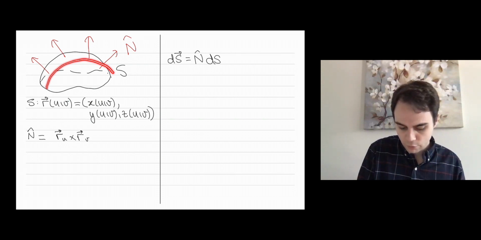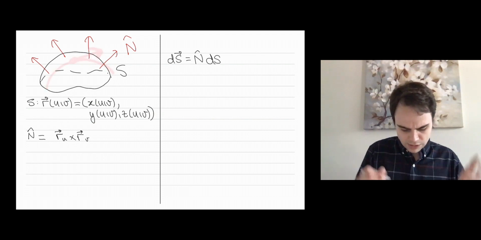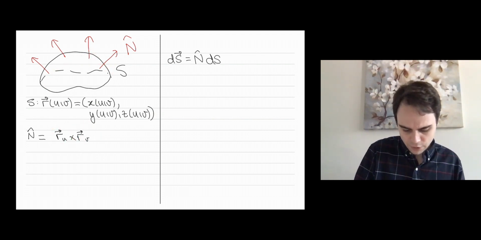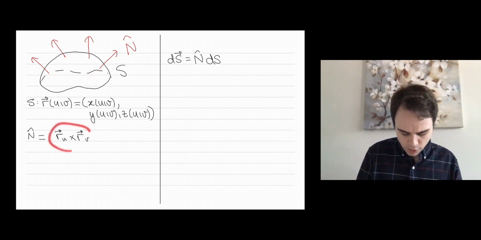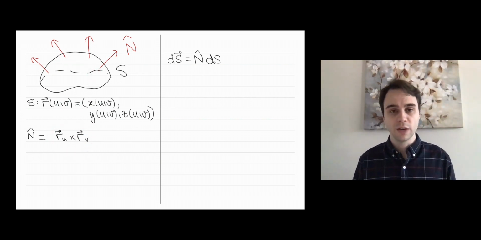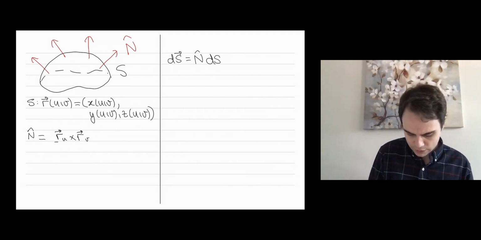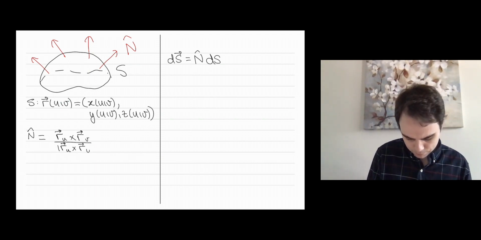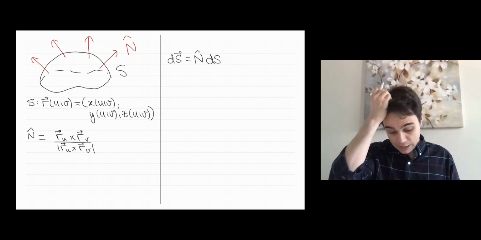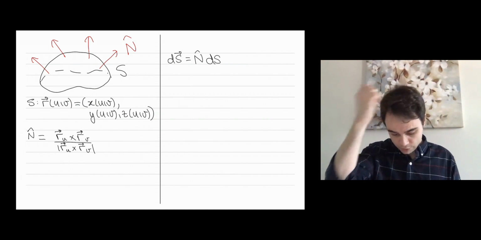If I differentiate with respect to u, I get the velocity of that curve, which is a tangent vector to the surface. If I fix the other variable, I get a different curve and a different velocity. So if I take the cross product of those two, I get a normal vector to my surface. Now this normal vector is not necessarily a unit normal vector, so let me just divide it by its length, and that gives me a unit normal vector to the surface.